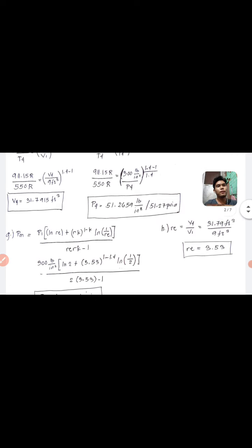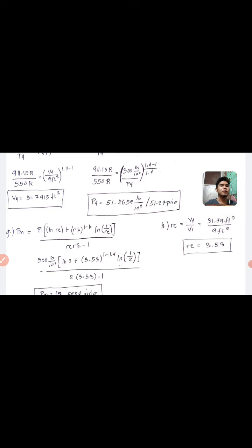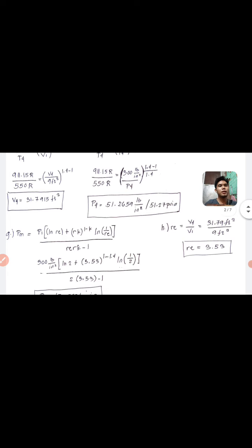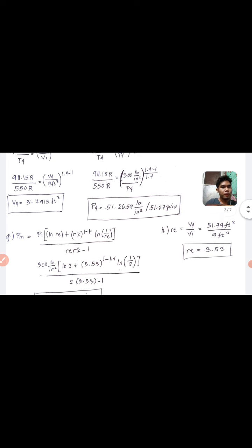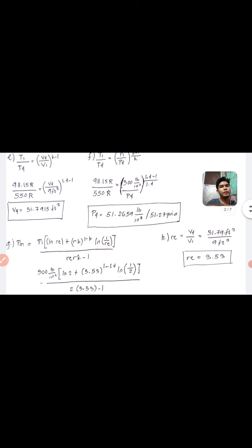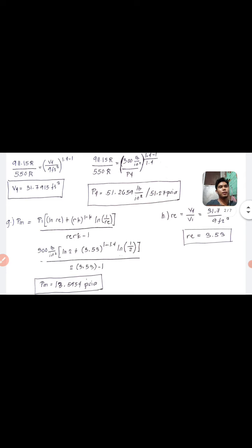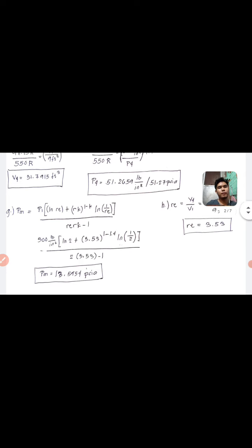So now let's solve for RE, or the ratio of expansion in the isentropic process, which is RE is equal to V4 over V1. The value of V4 is 31.79 cubic feet, all over the value of V1, which is 9 cubic feet. So RE is equal to 3.53.